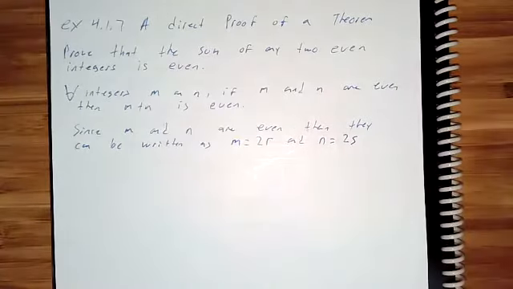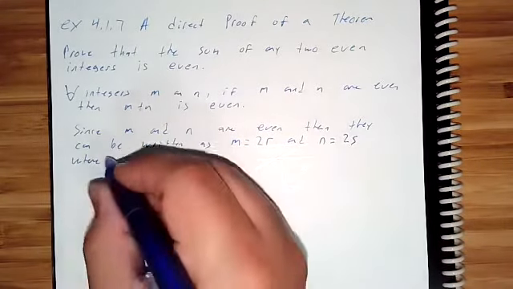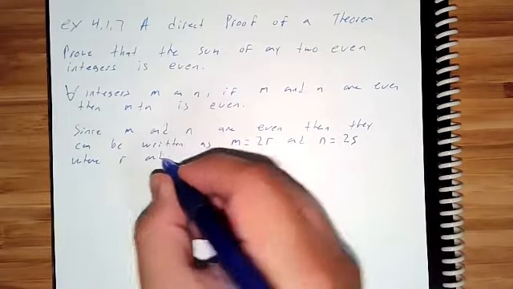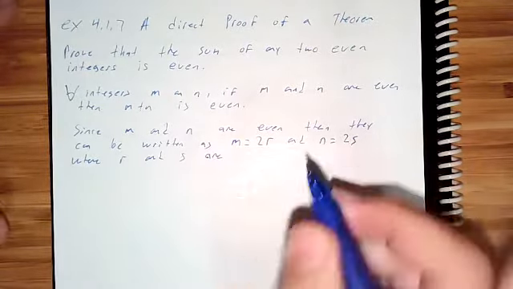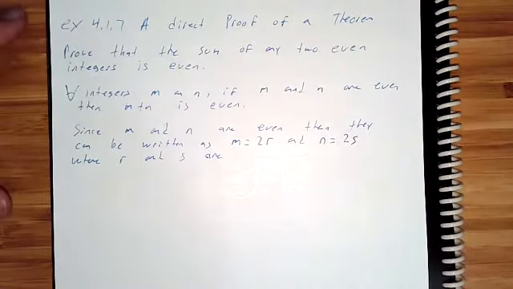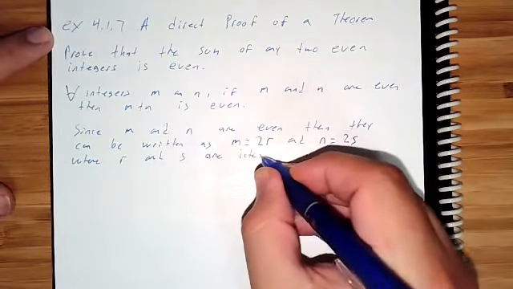So let's say 2r and 2s, where r and s are integers. Yeah, that's right.